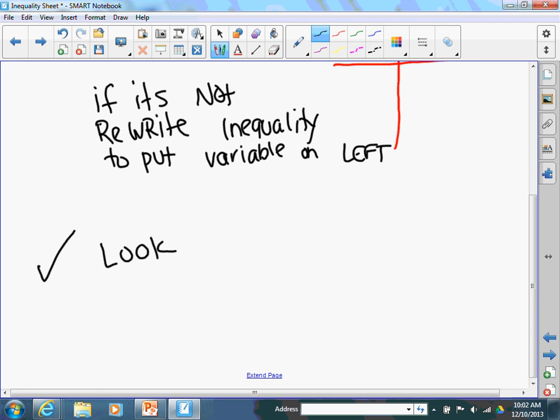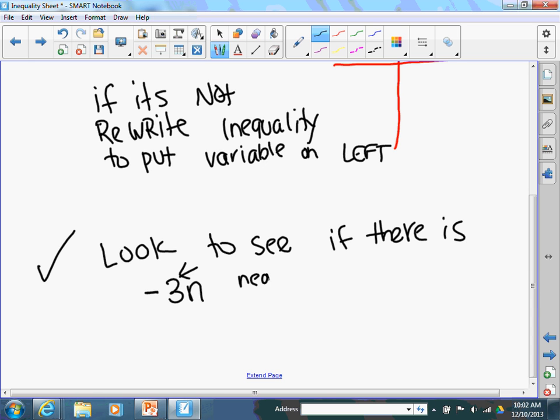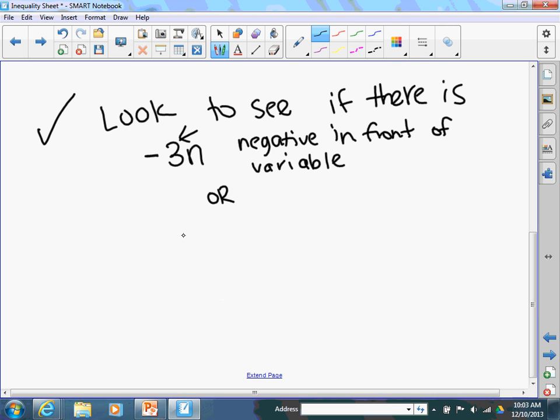Look to see if there is a negative in front of the variable, or a negative below the variable.